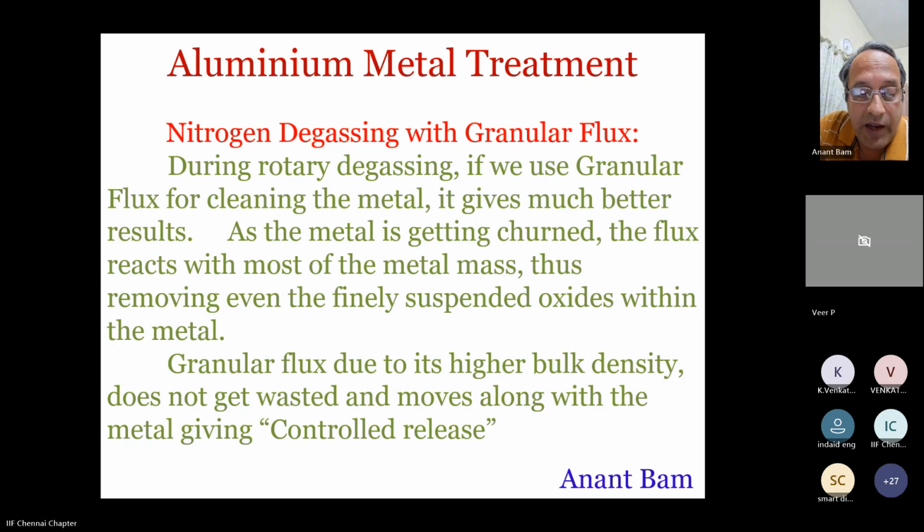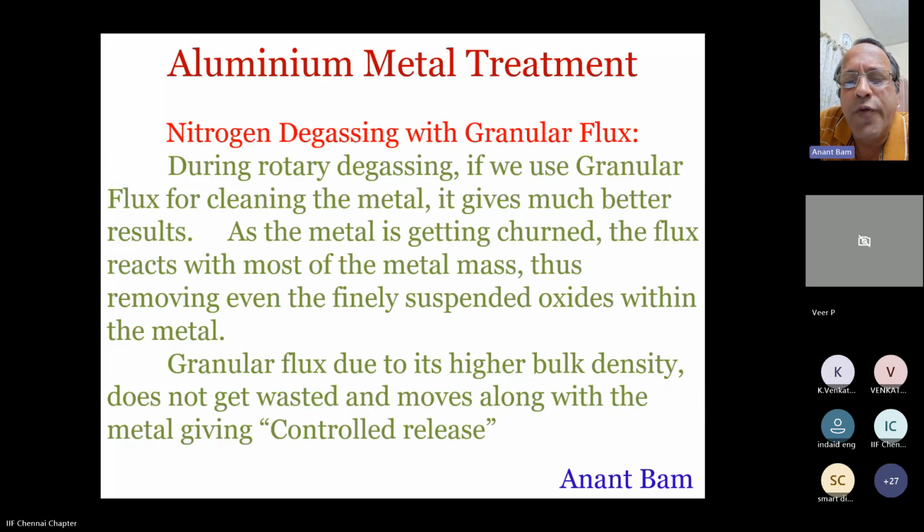Now, application of granular flux during nitrogen degassing. For all those people who are doing nitrogen degassing or rotary degassing, normal experience would be that nitrogen degassing or rotary degassing takes about 10 minutes to 20 minutes, depending on the gas content in the liquid metal and quantity of liquid metal.